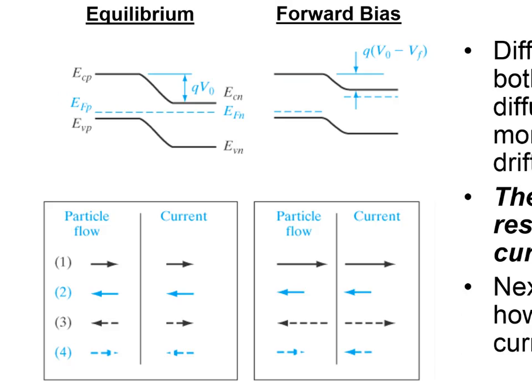Only diffusion, because of the bias. Yes, exactly. Diffusion is enhanced at forward bias, so we should be seeing a larger arrow at forward bias compared to equilibrium. The sizes matter as well.